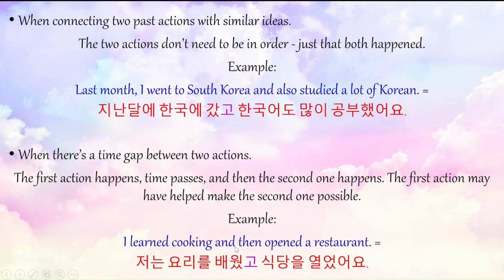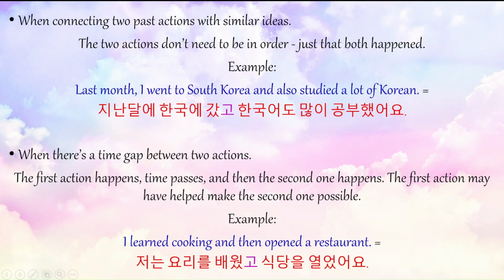I learned cooking and then opened a restaurant. So, you learned cooking for some time, and then after some time, you opened a restaurant. So, there is a time gap between these two actions. Therefore, you're going to conjugate the first verb, that is 배우다, in past tense. 배웠다.